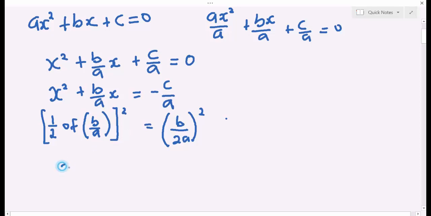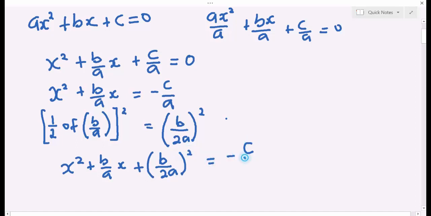So we have x squared plus b over a x plus b over 2a squared is equal to minus c over a plus b over 2a squared.